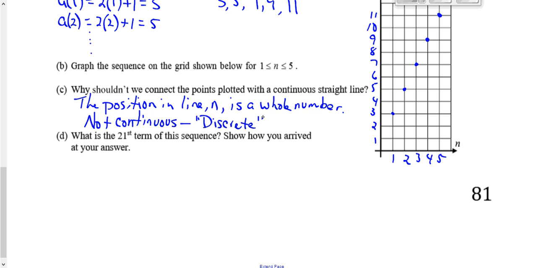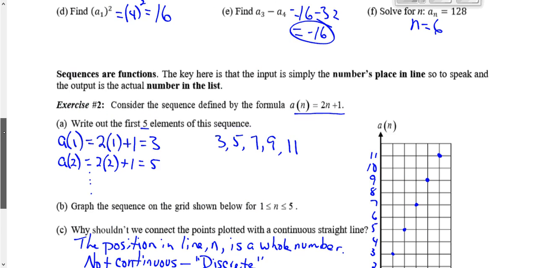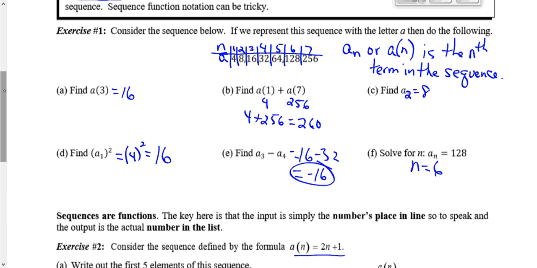What part are you missing? Well, did you understand up here what a sequence is? And we just say it's the place in line? Have you ever been in line with a group of people? Could you count that maybe you were third in line, or fifth in line, and somebody was sixth behind you? That's all these numbers are up here. And if I say A of 7, it just means the 7th place in line, which is this guy, 256.